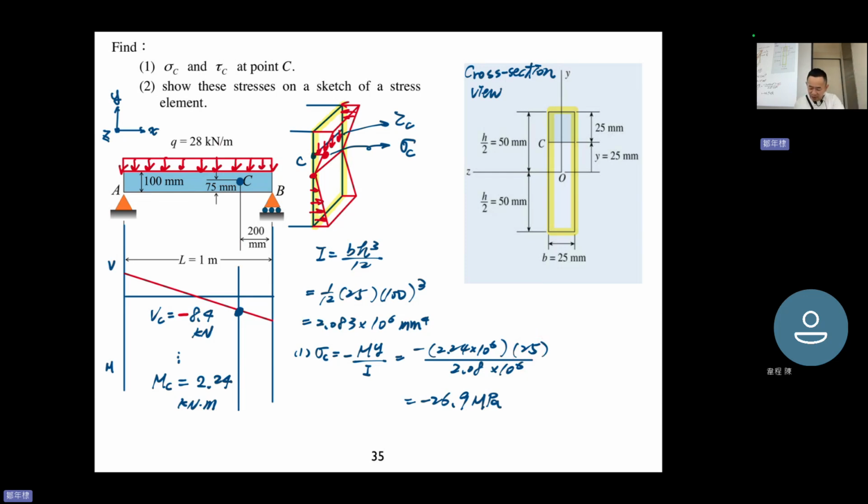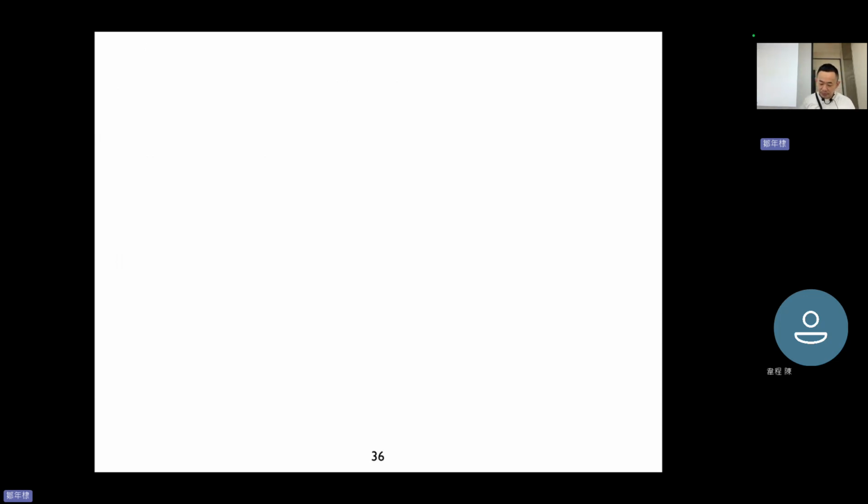If you take 75 from the z-axis, you will exceed the top ceiling, right? So be careful about this 25. Okay, so that's it. Now let's continue to the next page.